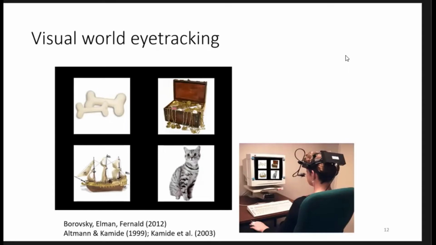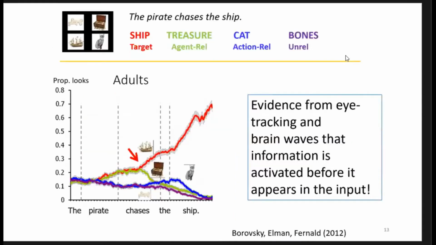In this paradigm, people are viewing pictures on the screen while their eyes are being tracked. And while they're viewing, a sentence is being played. For instance, "the pirate chases the ship," and the movement of the eyes is tracked. What Ariel and other people found is that even before critical information gets mentioned in the input, people already move their eyes to that particular picture.